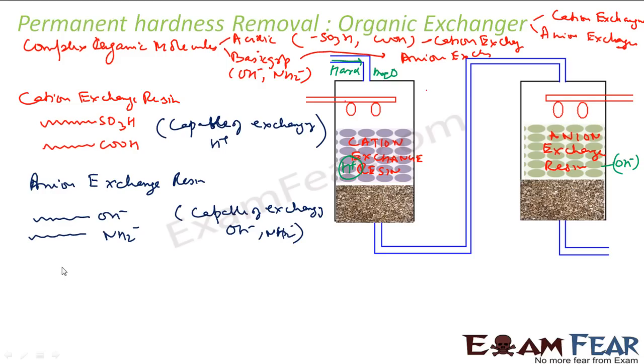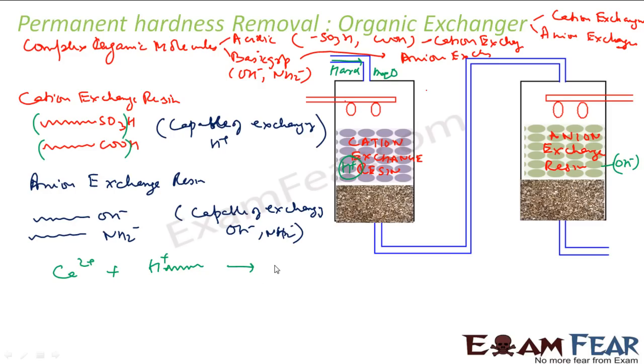Let me write the equation. I have Ca2 plus hard water that reacts with this resin. Both have H, so I can write it as H plus and this big structure, a big dot.